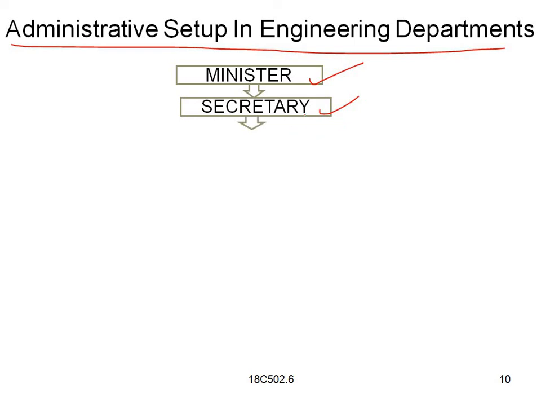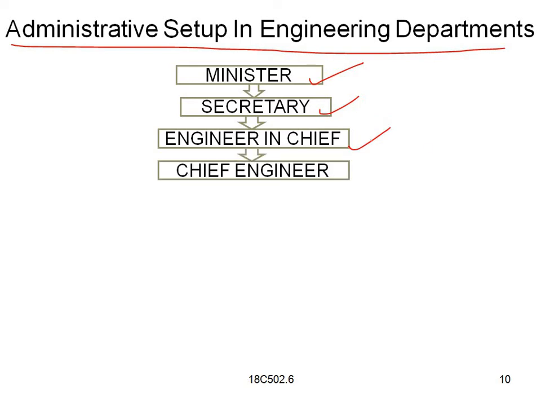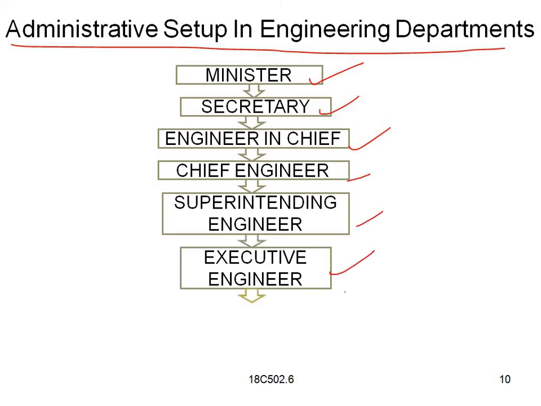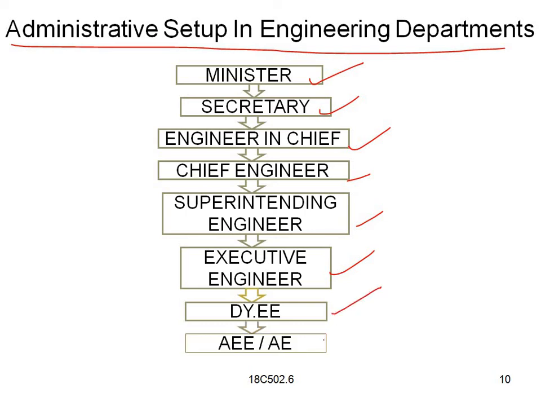In these secretaries also there are two types, one is principal secretary and another one is assistant secretary, and another secretary is the engineer in chief, that is chief engineer, and under the chief engineer you can see the superintendent engineer. Under the superintendent engineer the executive engineer, and under the executive engineer the divisional executive engineer, and after that the assistant executive engineer.